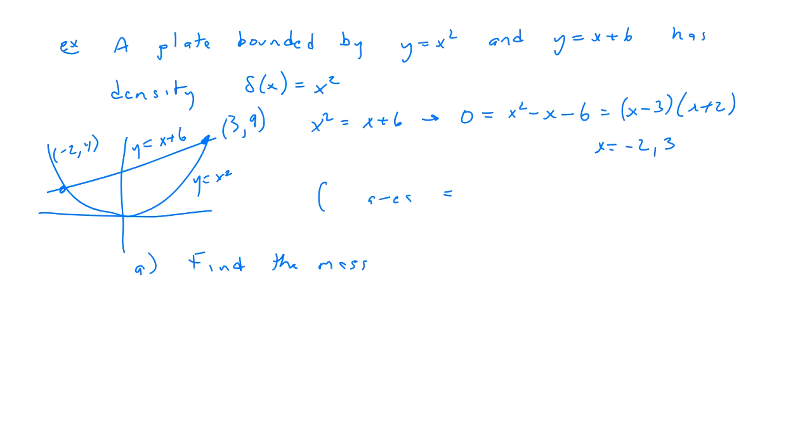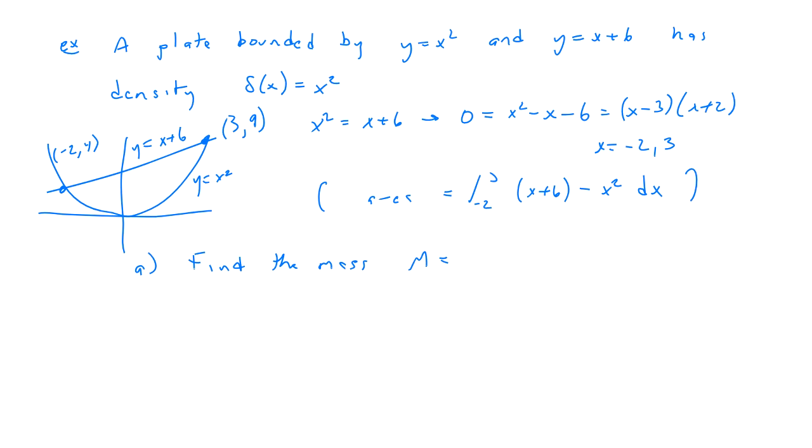So for example, if I was doing the area, I know the area is just the integral over the region of the top curve minus the bottom curve. And so now the question is, what do I add to that to get the mass? So it starts off with this, and I'm going to add in something.